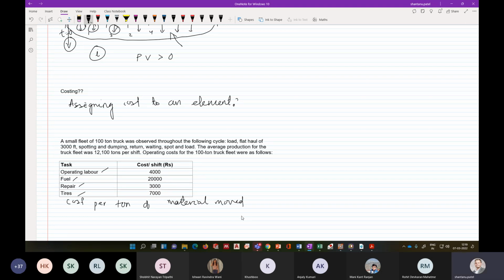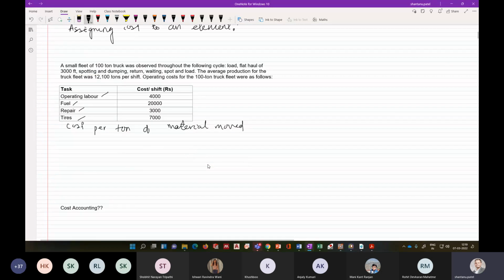So this is the operating cost. We are not looking here at the initial investment cost. How do you do that? Our operating labor cost is 4,000 per shift, and you just add everything up.